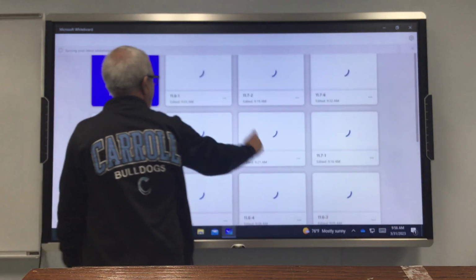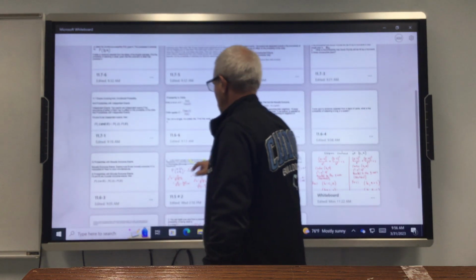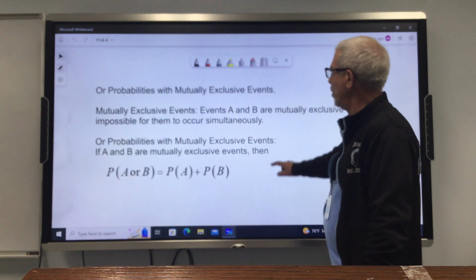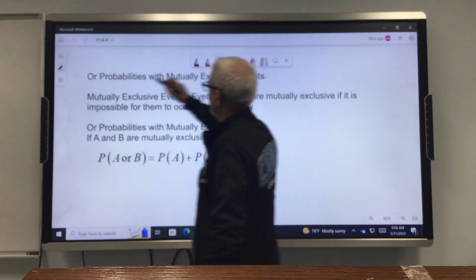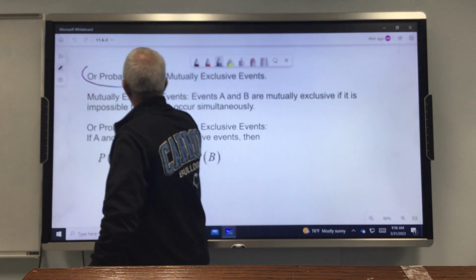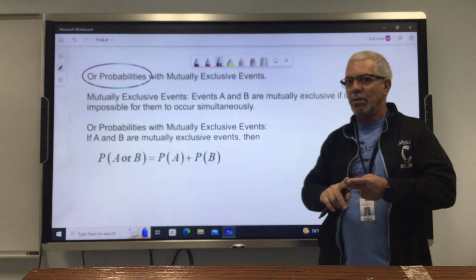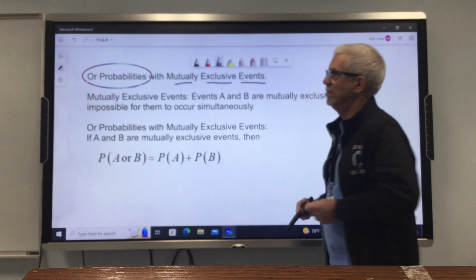That is "or". Then we have "or" now. We are going to see "or" probabilities in two different ways. We are going to see first mutually exclusive events.